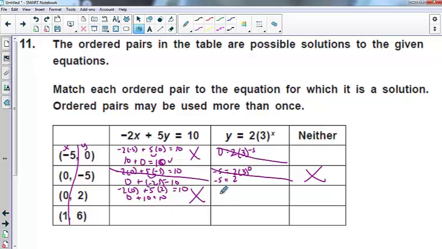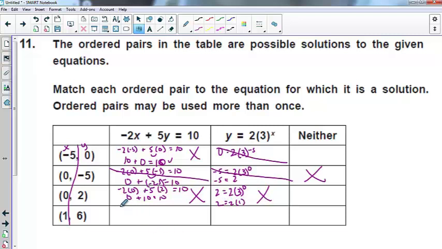Okay, next one, I have 2 equals 2 times 3 to the power of 0. We should know from this last one, is this going to be true or false? What did we get whenever we plugged that in? We got a 2, so it's true. Because 3 to the 0 is equal to 1 times 2. 1 times 2 is 2, right? So I should have a mark there as well.